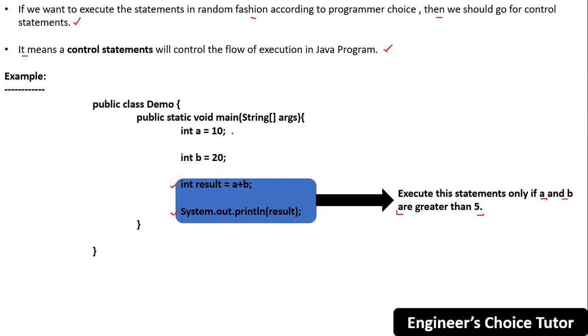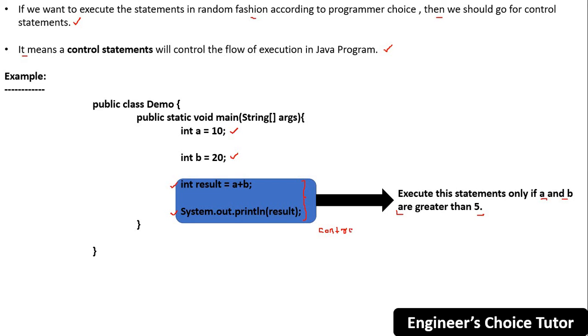These two variables are there now. If these two variables are greater than 5, then only I want my JVM to execute these two lines. This is my requirement. So to fulfill this type of requirement, we should go for control statements.